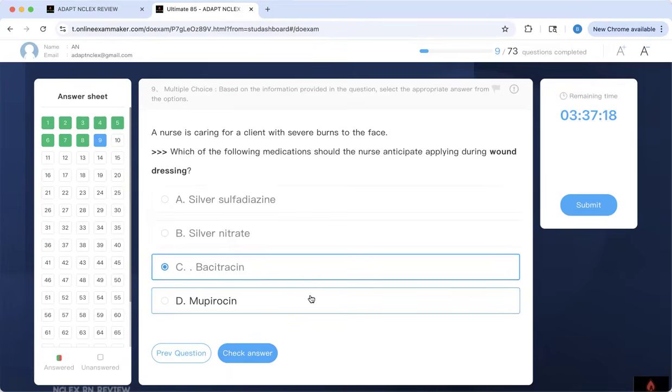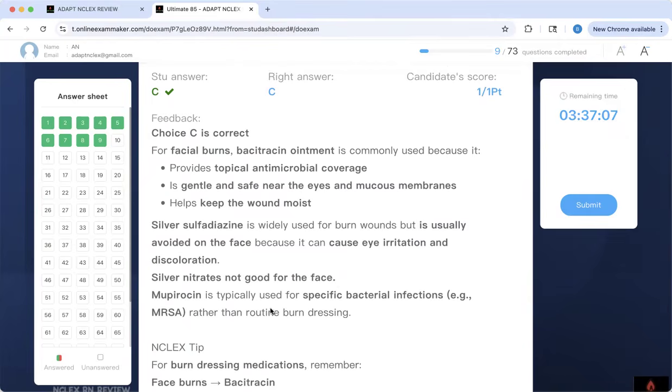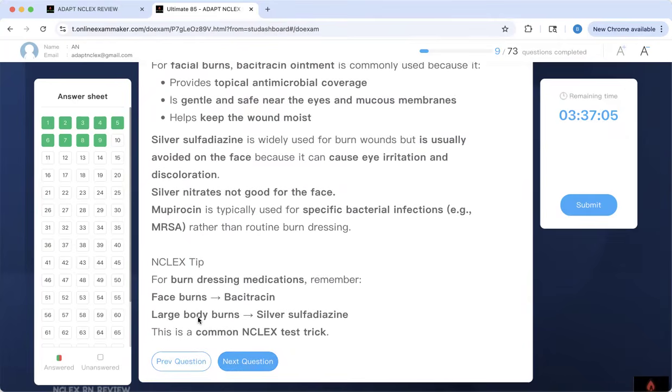But for the rest of the body, a large burn injury, it's Silvadine. Don't forget, bacitracin for the face and Silvadine for the rest of the body. And this is the NCLEX tip. For a large burn, use Silvadine. For a facial burn, use bacitracin.